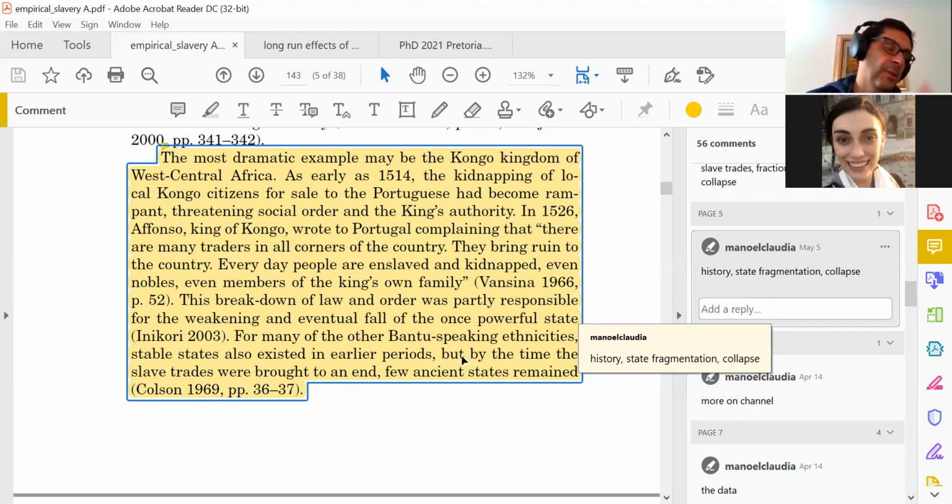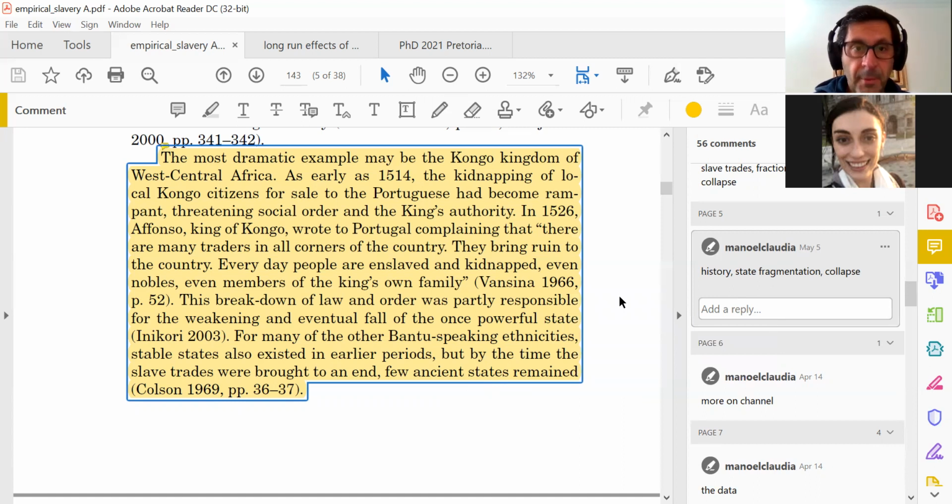So what he's saying here is that when the slave trade was abolished, not slavery, right? When the British abolished the slave trade in the 19th century, there was very little left in terms of societies in Africa, in those areas which were selected into slavery.